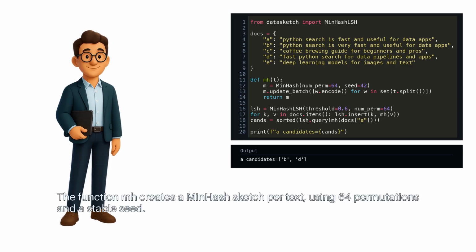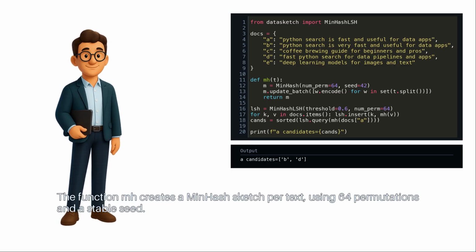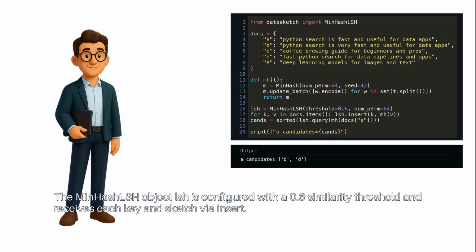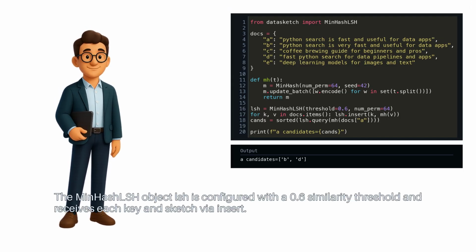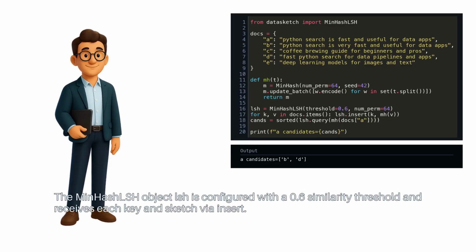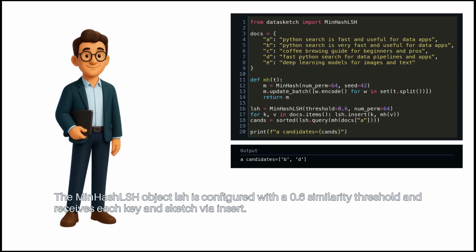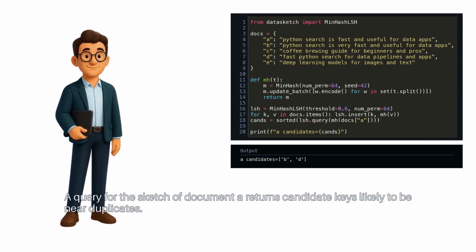The function MH creates a MinHash sketch per text using 64 permutations and a stable seed. The MinHash LSH object, lsh, is configured with a 0.6 similarity threshold and receives each key and sketch via insert. A query for the sketch of document A returns candidate keys likely to be near duplicates.